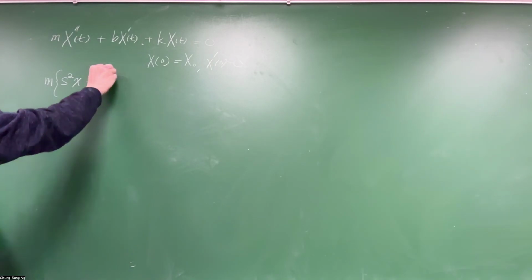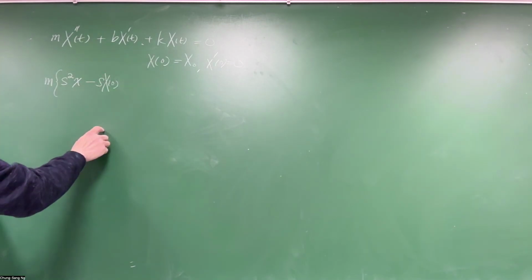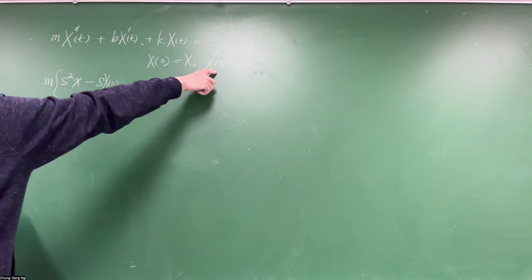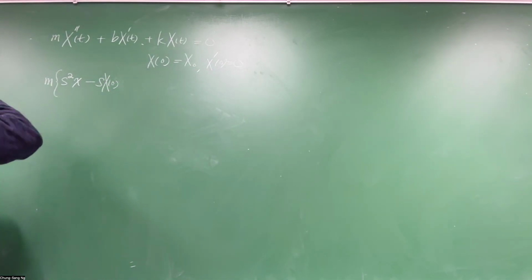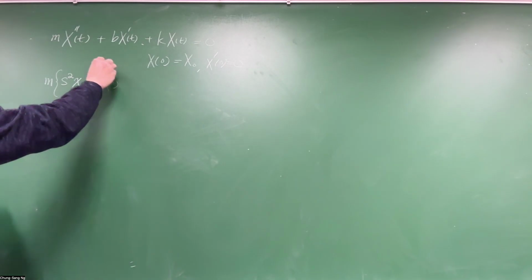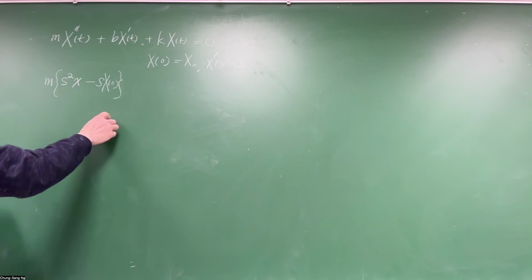Supposedly you also minus x prime 0, but x prime 0 is 0. So that is the first term.